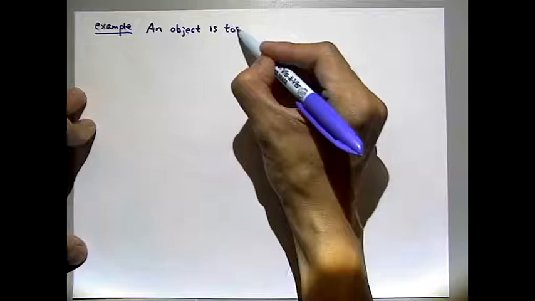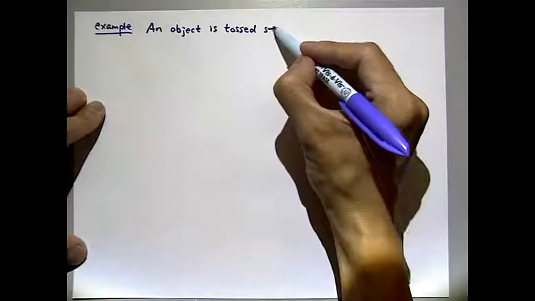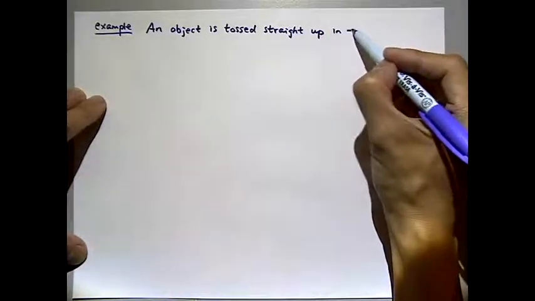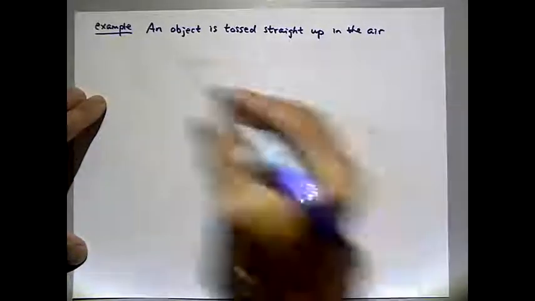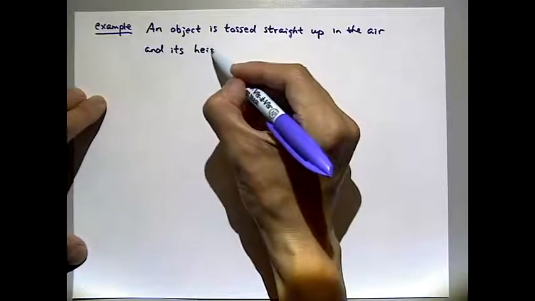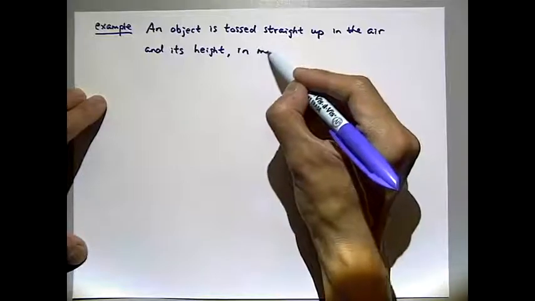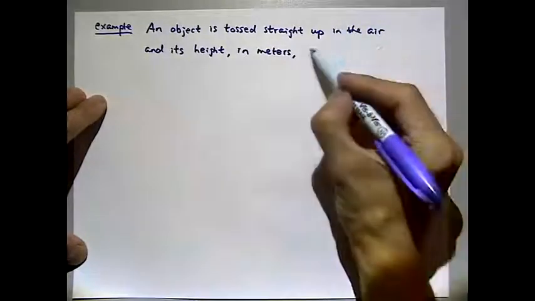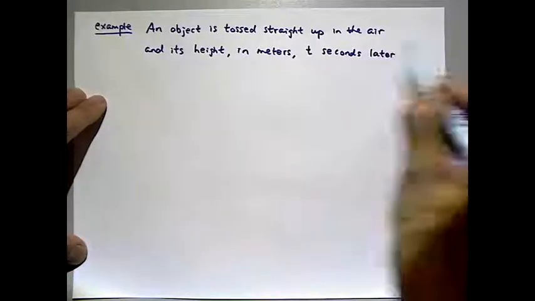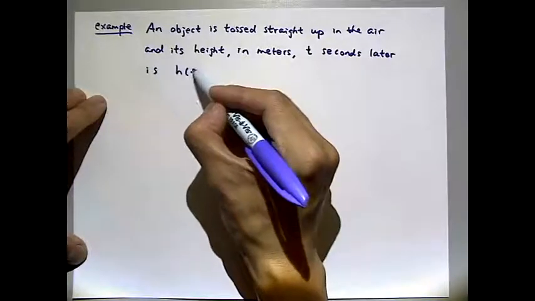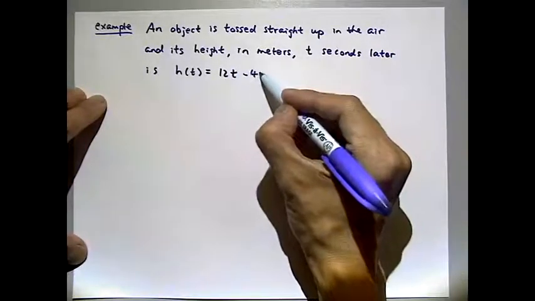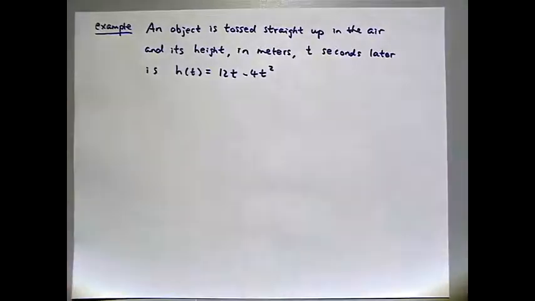An object is tossed straight up in the air and its height in meters, t number of seconds later, is h of t is equal to 12t minus 4t squared.